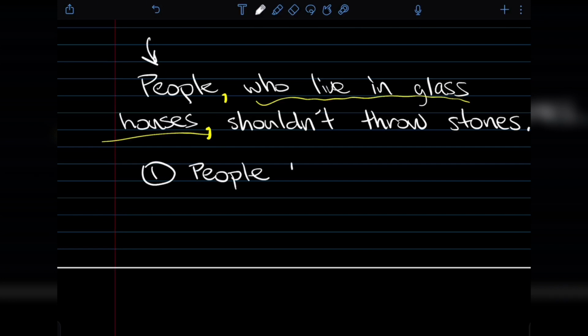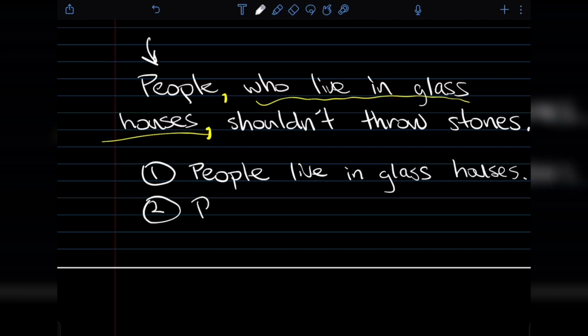Number one, people live in glass houses, as in people in general live in glass houses. And that's not what's intended by this expression. People, not glasses, people live in glass houses. And it also suggests the second sentence, people should therefore not throw stones.